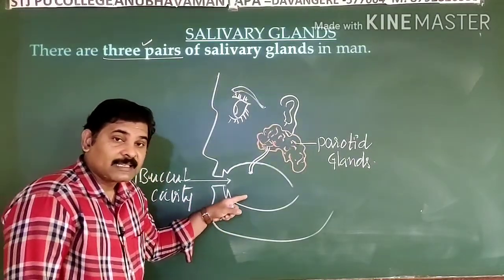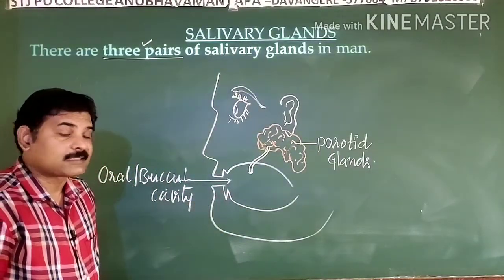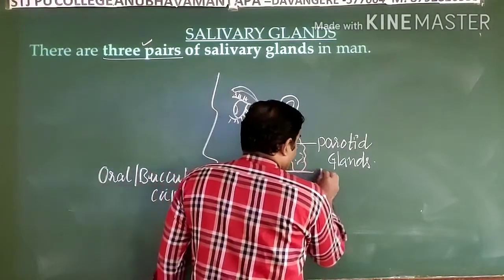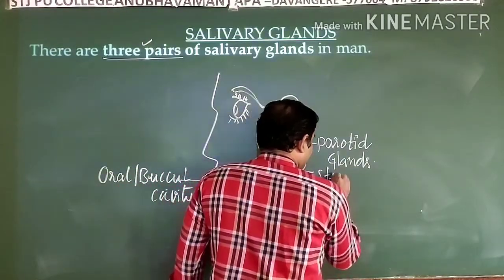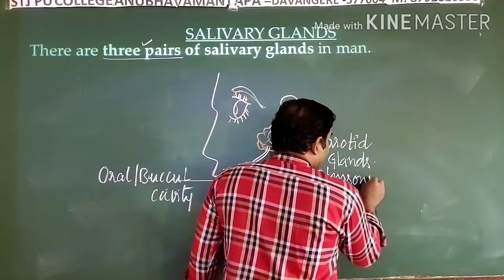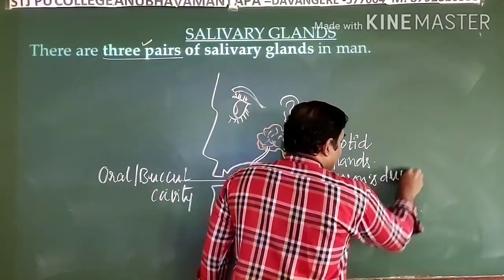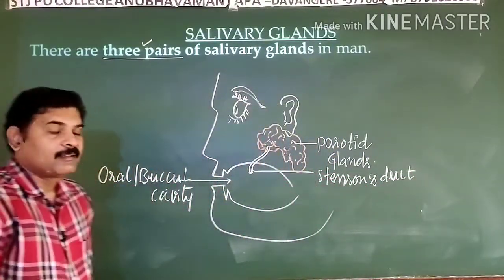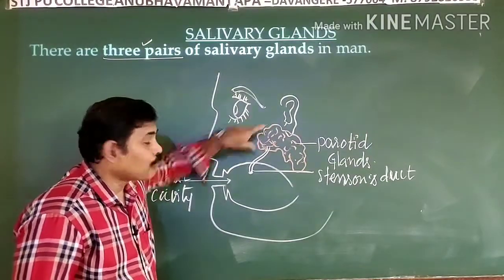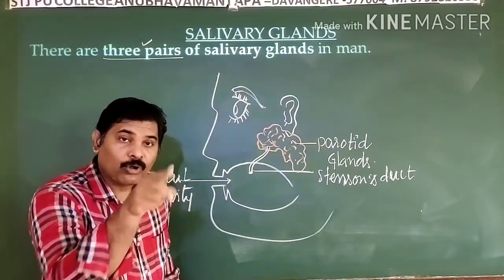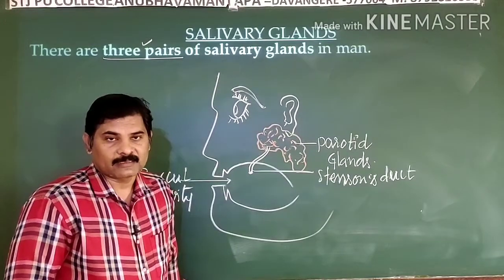Just now I said that this duct is known as Stenson's duct. As I said, these glands are the biggest among the three pairs of the salivary glands.